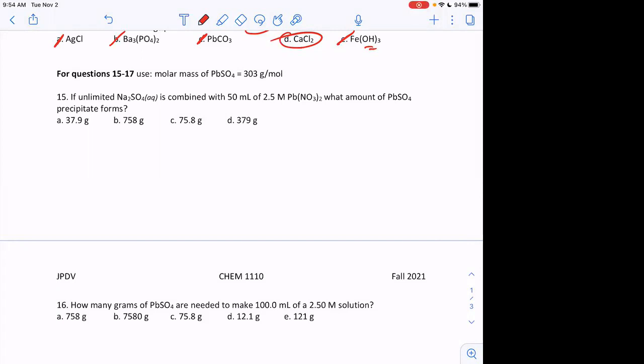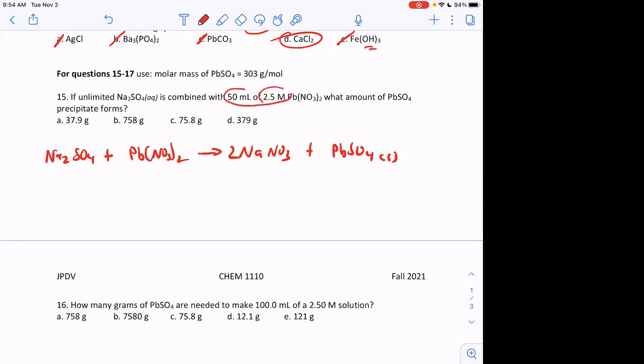So you've got this one solution of 50 mils of 2.5 molar lead nitrate, right? So effectively, we're forming the same thing we did up top. That's my precipitate. So effectively, we just need to know how much lead is in that solution, because that's going to dictate how much lead sulfate you get, right?